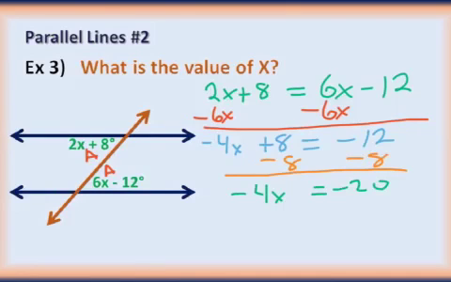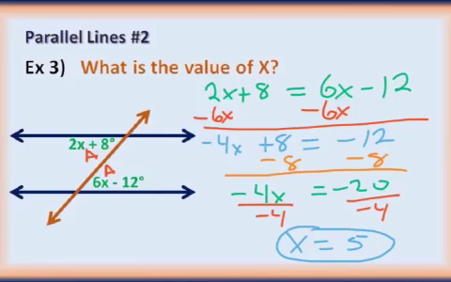Our last step, we will divide by negative 4, which leaves us our x value is equal to 5. And if we wanted to check it, all we had to do is substitute our 5 in for both x's, and we would recognize that our angles are indeed congruent.